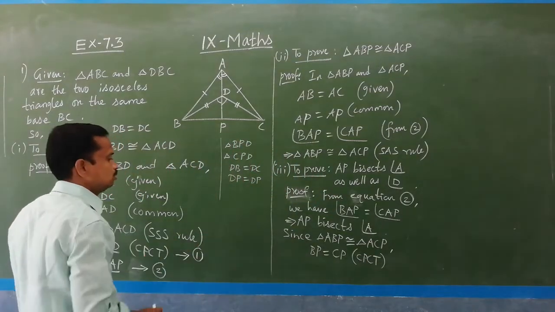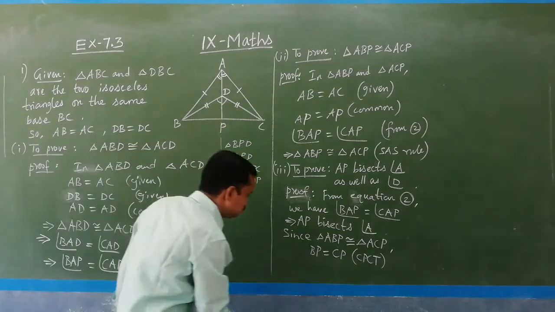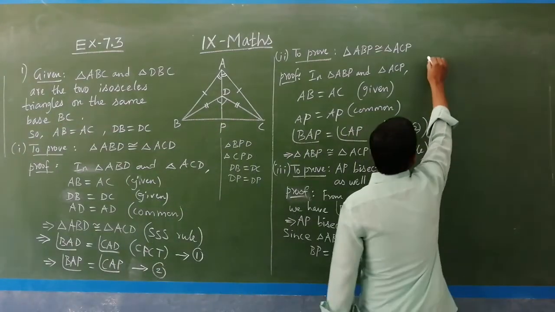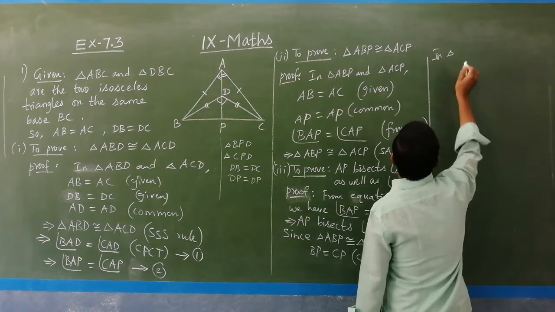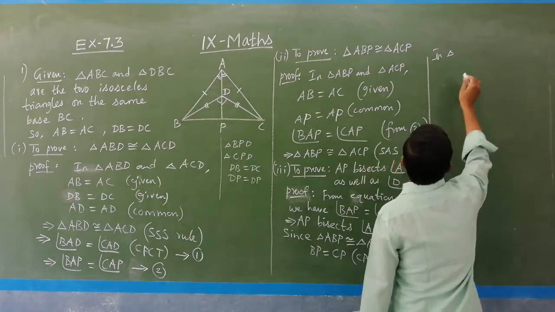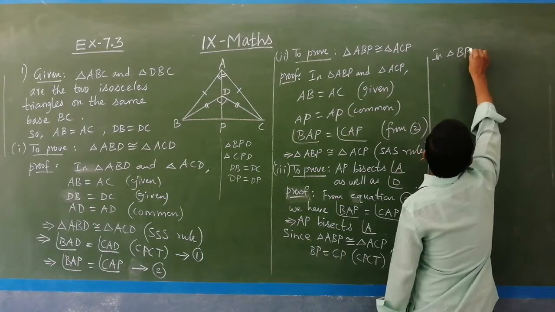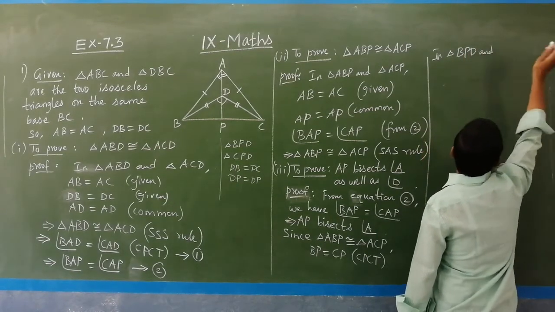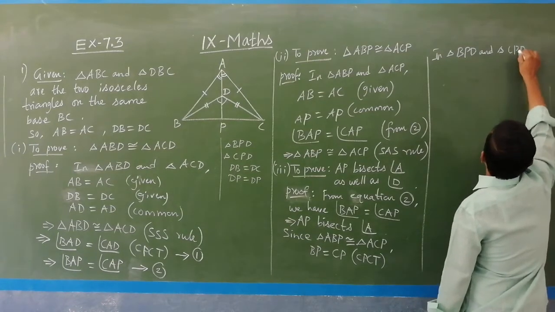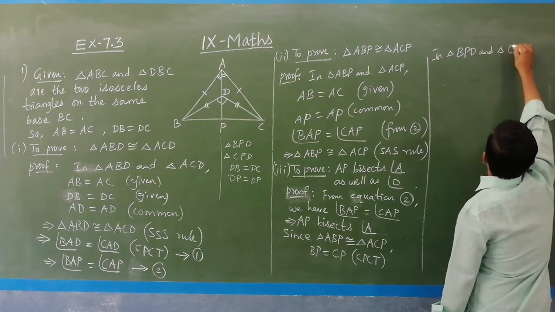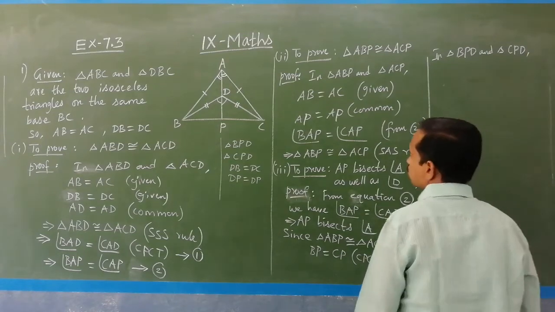By applying this we can say these two triangles are congruent. First you consider triangle BPD and triangle CPD. What things can we have?